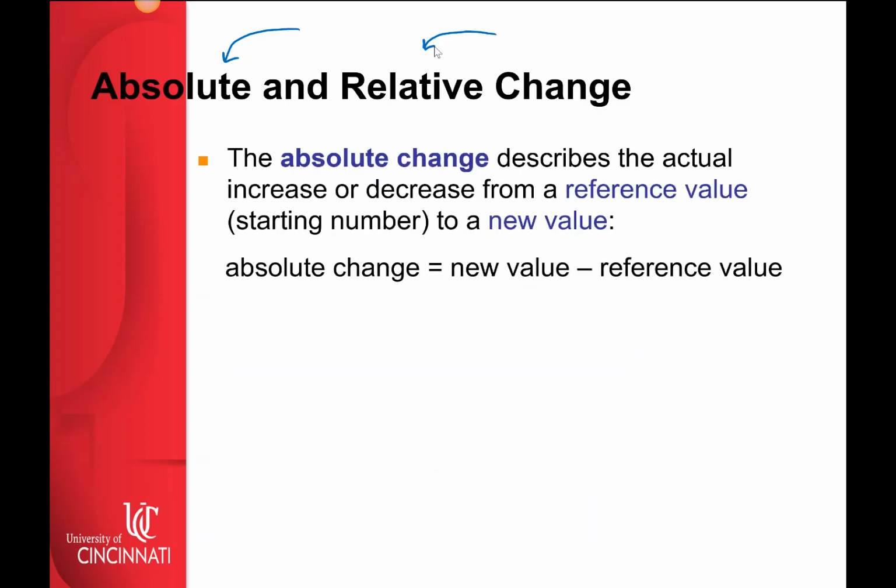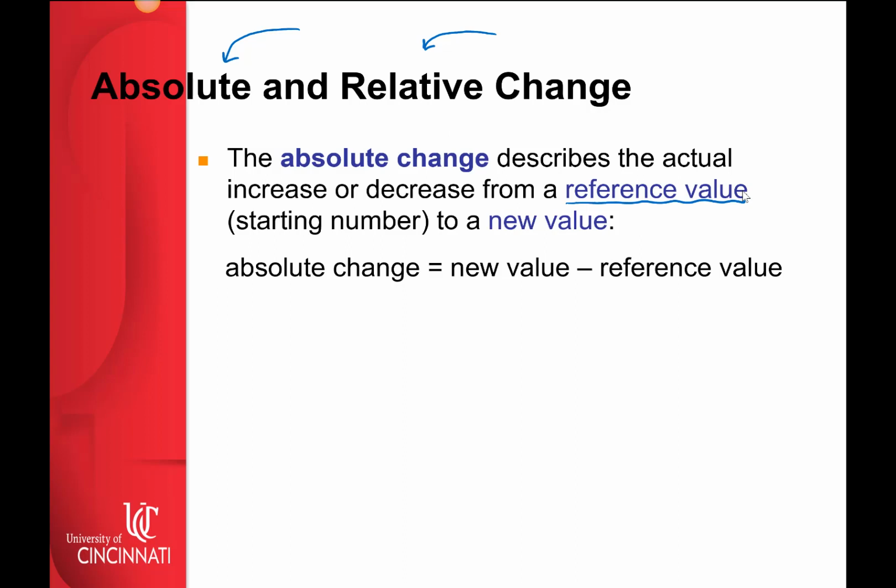Absolute change describes the actual increase or decrease from a starting number. Notice that starting number is called a reference value. The reference value is what you started with. In the last problem, the 1,069 was the reference value because that's how many people we talked to. Make sense?